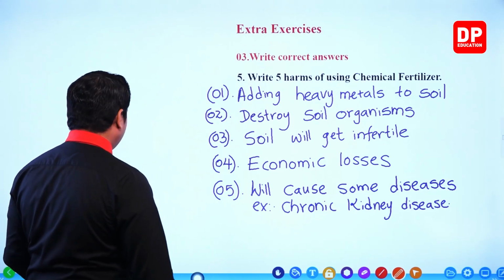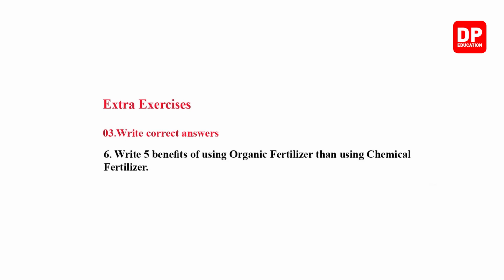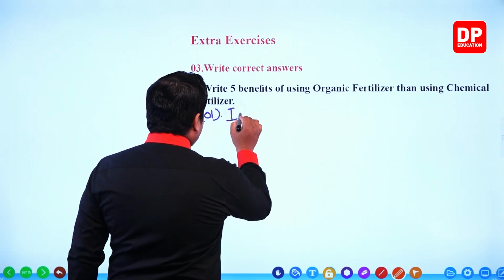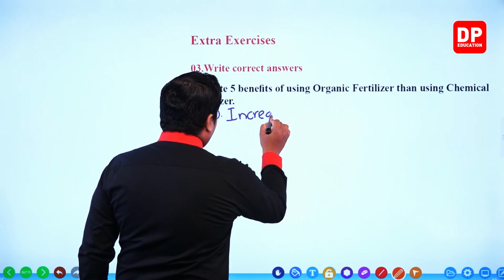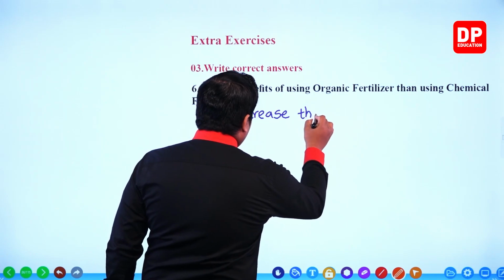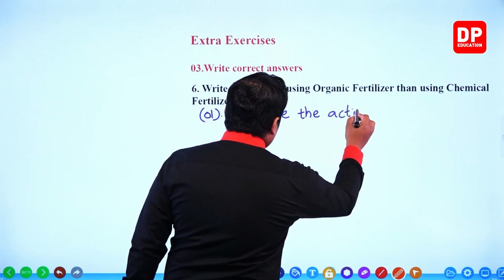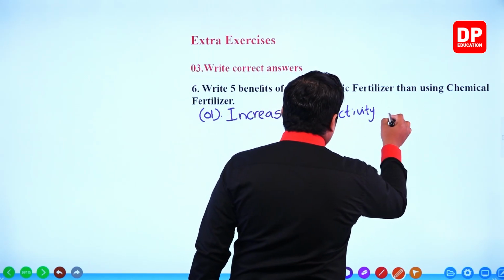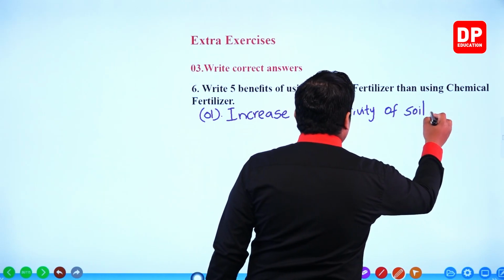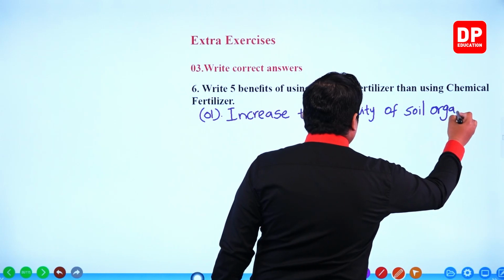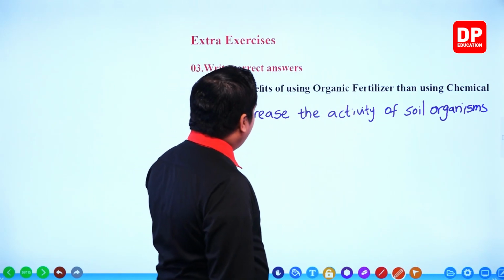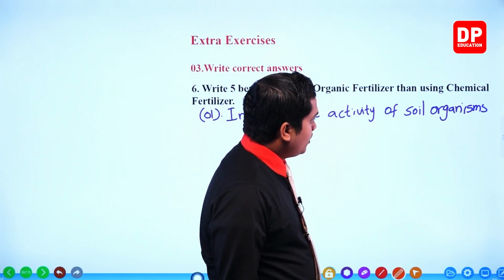Now let's head on to see the next question. Write 5 benefits of using organic fertilizer than using chemical fertilizer. Right, number 1, increase the activity of soil organisms. Right?